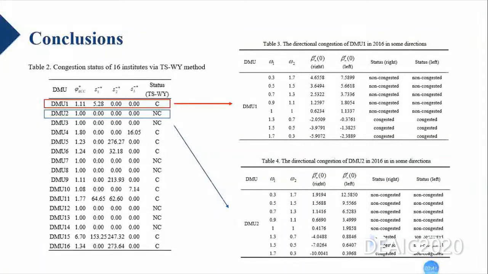We realize that DMU2 is suffering from right-hand congestion in some input directions. In these cases, if DMU2 increases staff and expenditures, it will lead to a decrease in outputs. Consequently, it is clear that managers are not suggested to extend the 2 inputs in these proportions.